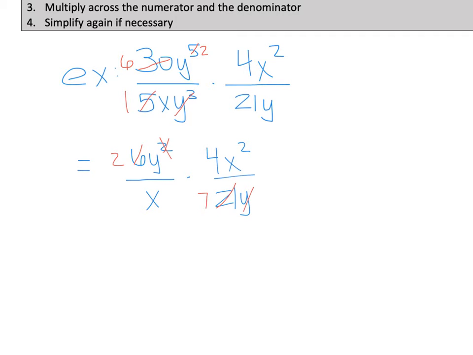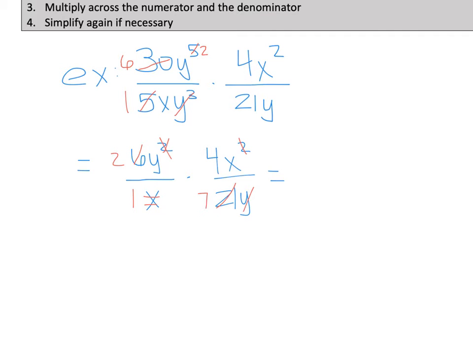Now, looking at the x in the denominator of the first rational expression, that is going to cancel with one of the x's in the numerator of the other rational expression, and in the denominator it's going to leave a factor of 1. We've done all the canceling that we can, so now we multiply across the numerator.